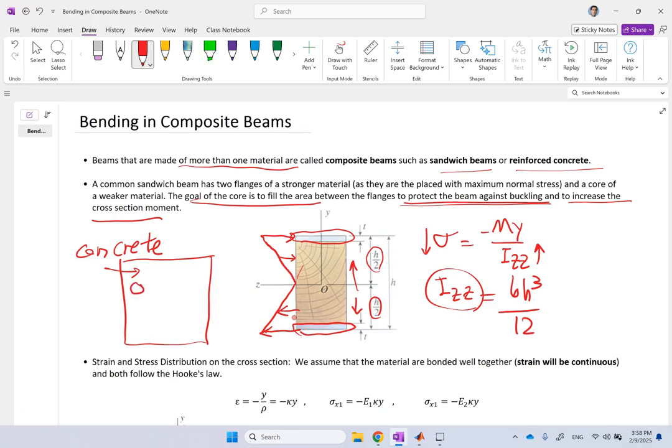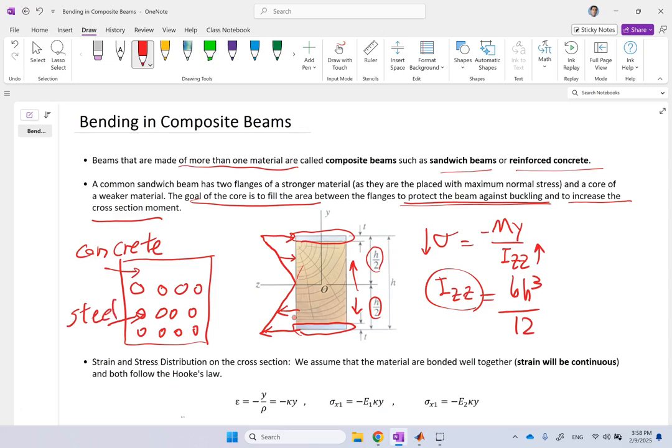So what they do, they put rods of steel inside of it, and they call it reinforced concrete. Now, this steel is the one carrying most of the tensile load, and the concrete carries most of the compressive load. Of course, the steel can help against compression as well, but when it comes to tension, since concrete is no good at it, this steel here is going to help with that.